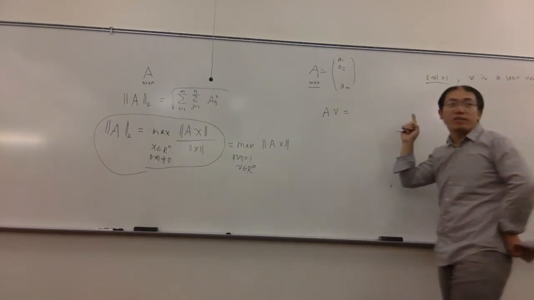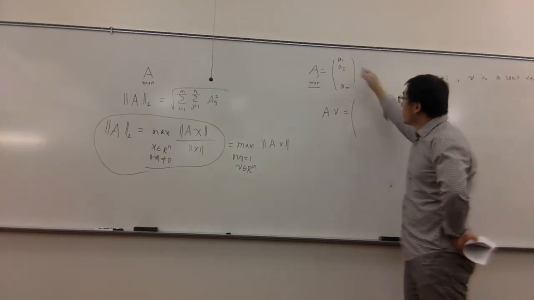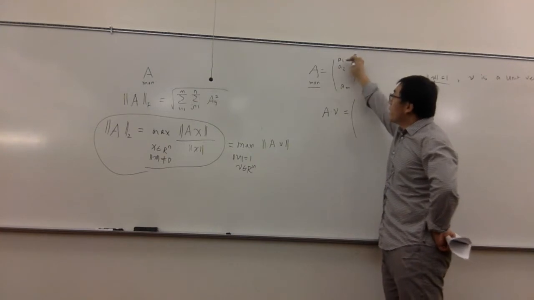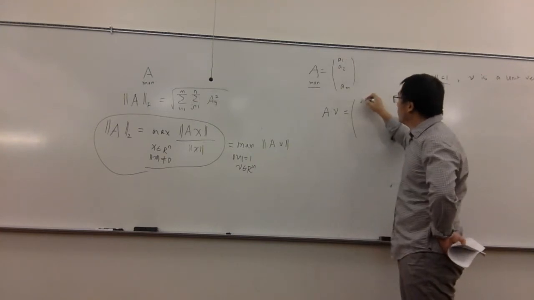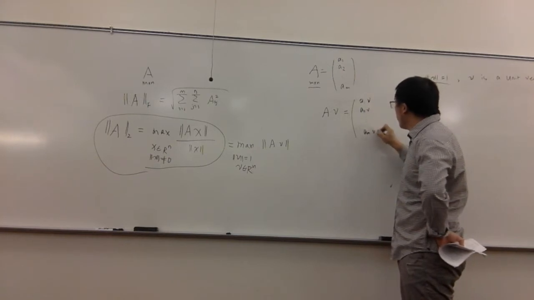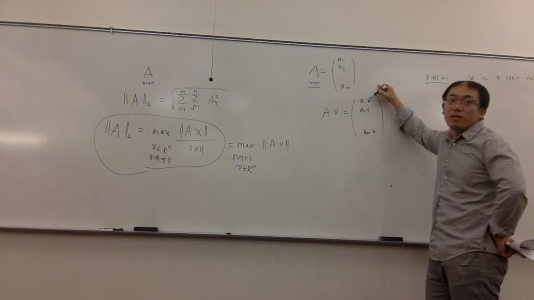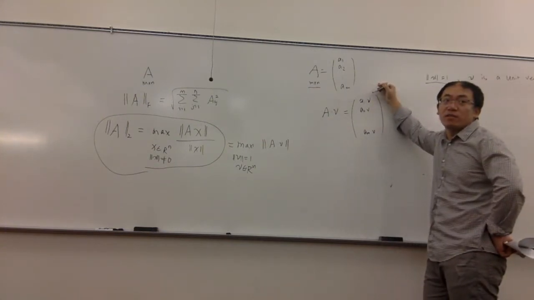We did it in the last lecture, right? So it actually equals to compute the product between A1 and V, right? And A2 and V, until AM and V. This is a row vector, and this is a column vector. So their product is a scalar.